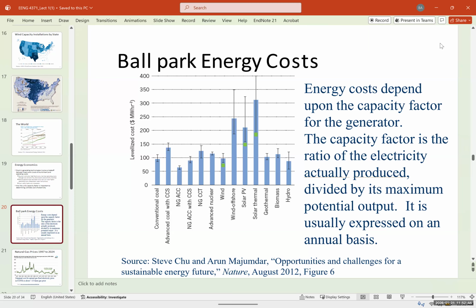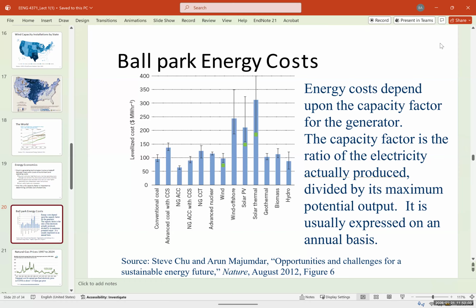You can see in 2012, nuclear was somewhere in between, but natural gas was the lowest. Solar and wind were the highest in 2012, 13 years ago. And these energy costs depend upon the capacity factor.